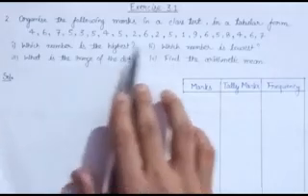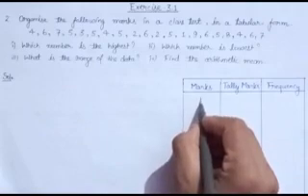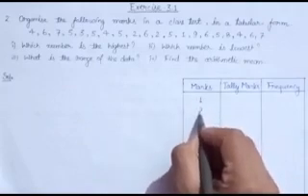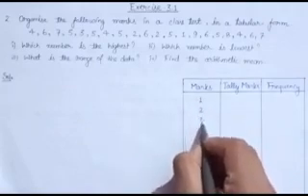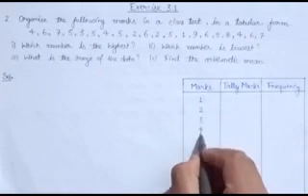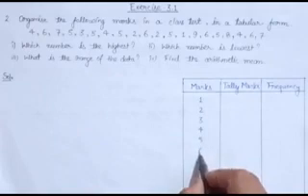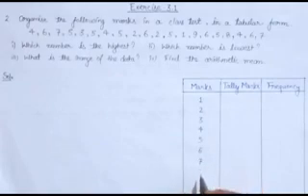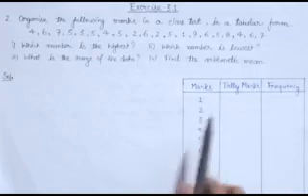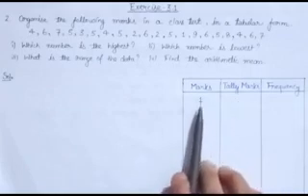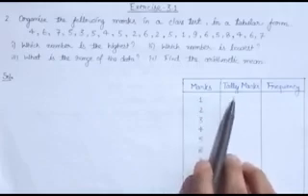So there are marks as 1, 2, 3, 4, 5, 6, 7, 8 and 9. Okay students, now we have to count these marks with the help of tally marks.